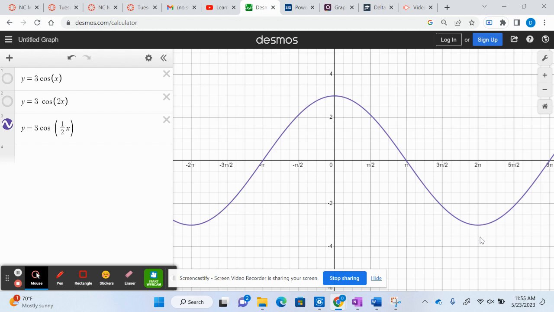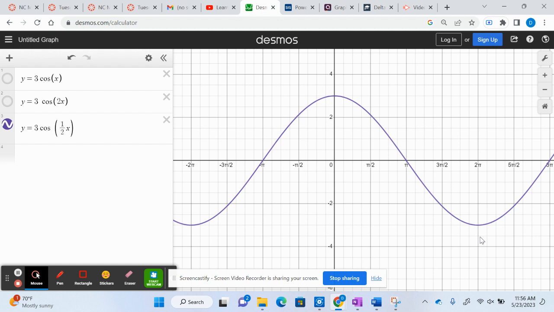And on the other side, you go from 3 to 0 or your midline at -pi. You have to drop back down to your minimum, which is at -2 pi. So minimum, this is at -2 pi, -3. This is the ordered pair -pi, 0.